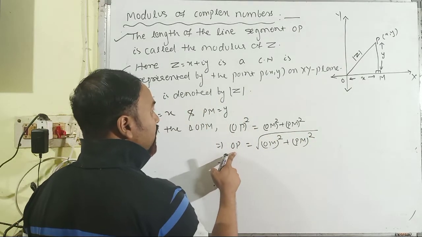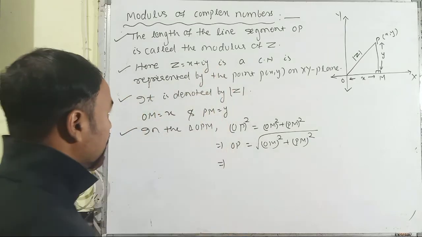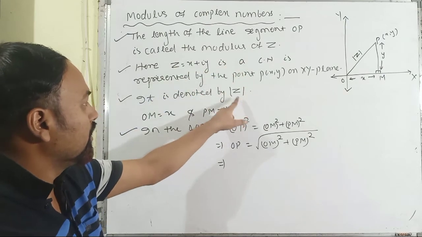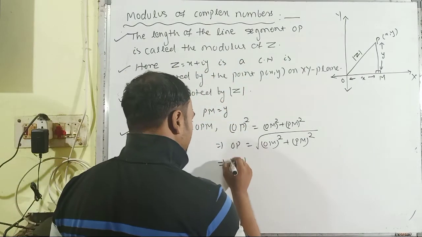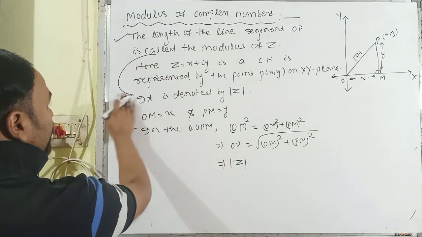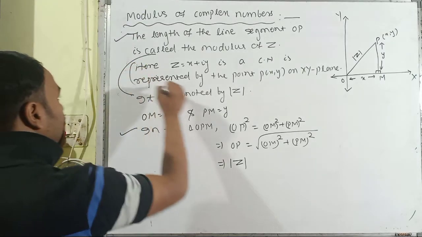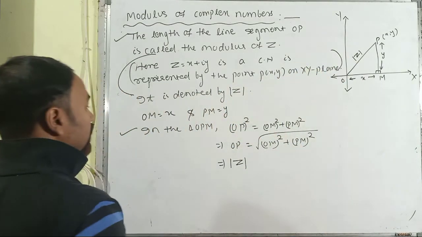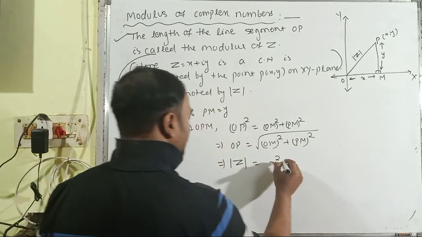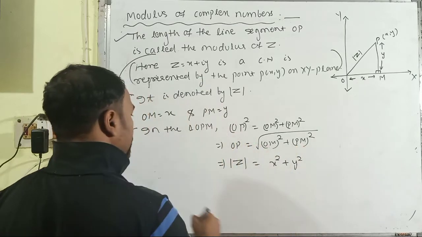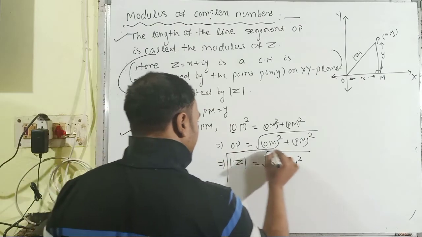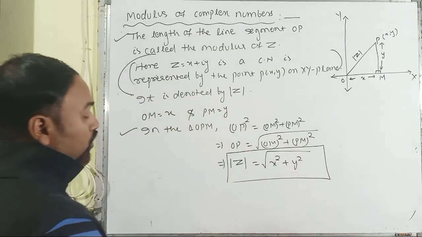And the length of the line segment OP is called the modulus of Z, denoted by modulus of Z. In the place of OM we can put x, and in the place of PM we can put y, so modulus of Z is equal to the square root of x square plus y square. This is the formula for the modulus of Z.